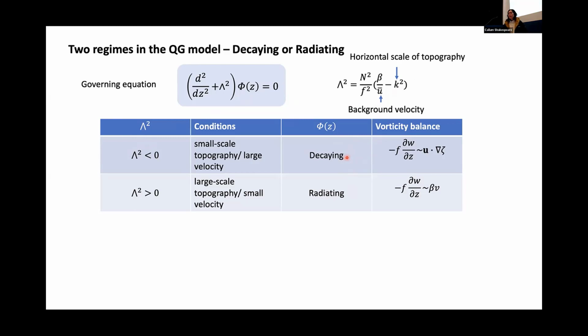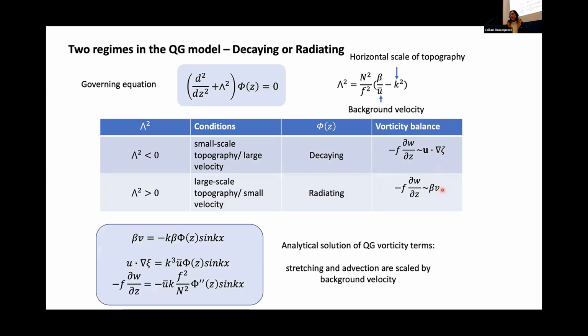For the decaying regime, stretching is balanced by advection of relative vorticity. That's the vorticity we saw in TNG14 and in our original model. For the radiating regime, stretching is balanced by beta weight. That's where a Rossby wave becomes important. And the shift between these 2 vertical balances is partly due to stretching and advection being scaled by the background velocity, while beta weight is not.